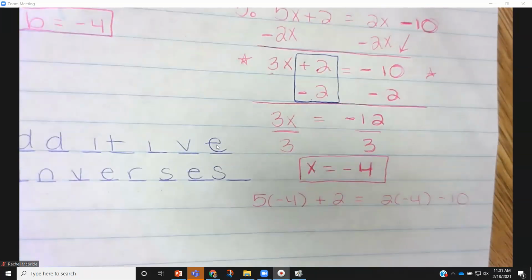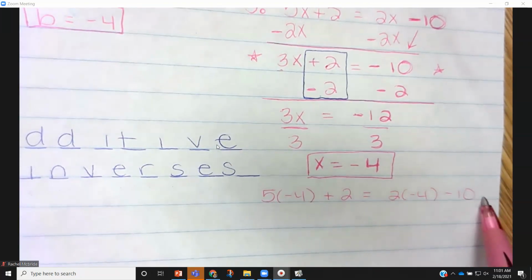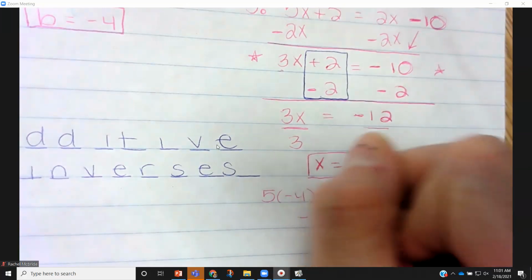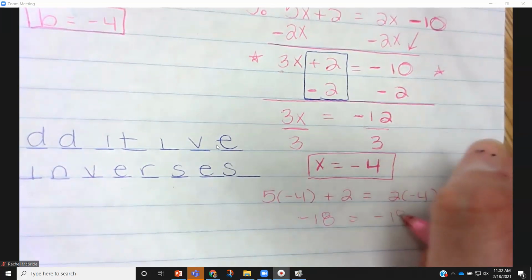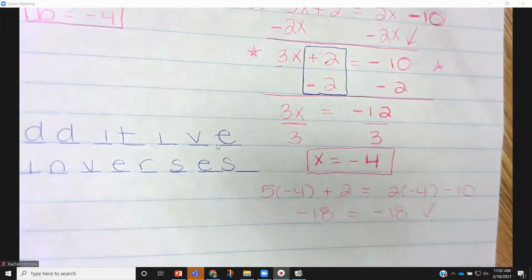And then you could just take a calculator, guys, and add up all the numbers on the left, add up all the numbers on the right, and make sure that what's on the left equals what's on the right. So that would be negative 20 plus 2, so you got negative 18. And then here you get negative 8 minus 10, so we get negative 18. So we pass the check.